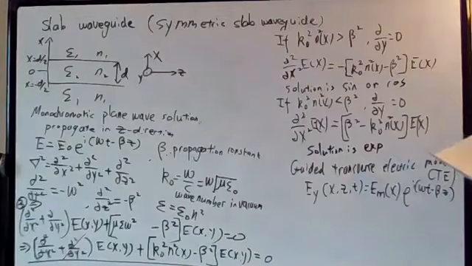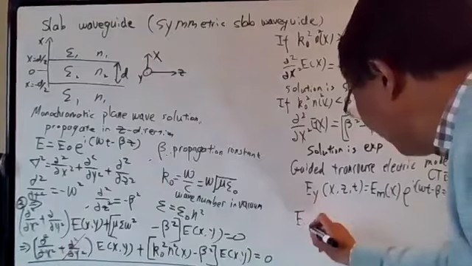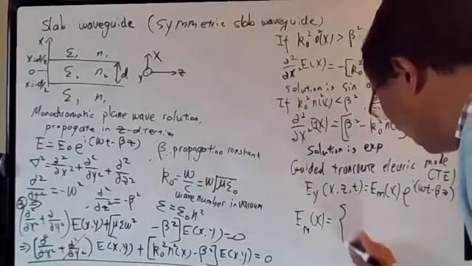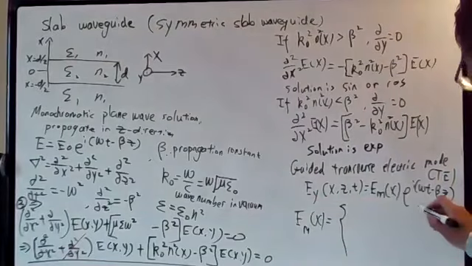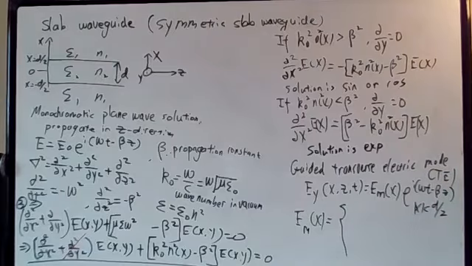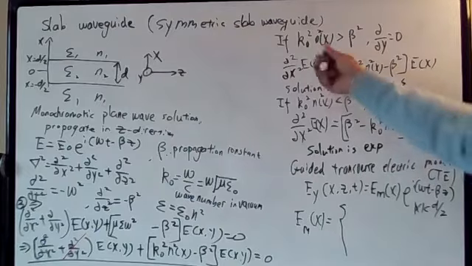So let's see E(x). We will expand it out when the absolute value of x is less than d over 2.